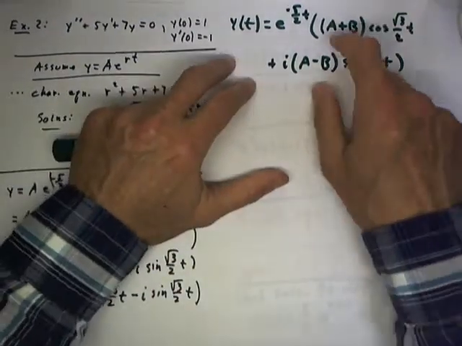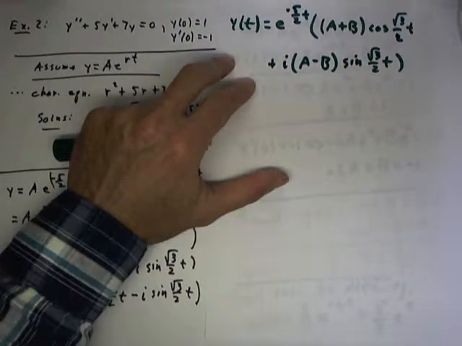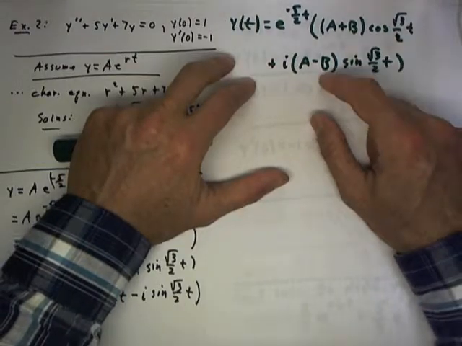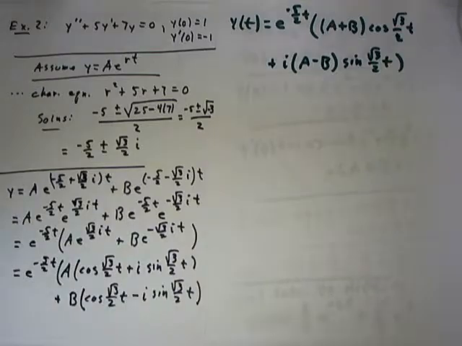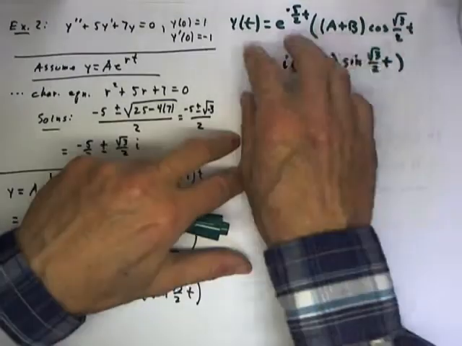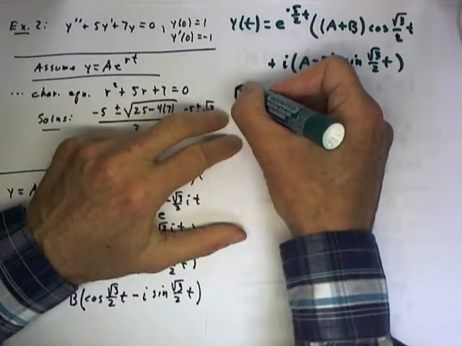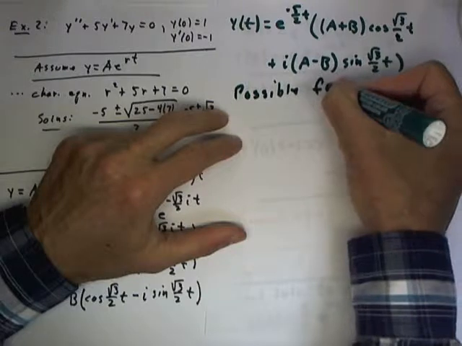Now, as we've seen before, a plus b and a minus b can be set equal to any two constants that we want, including complex constants, so that this general solution can be put into possible forms.